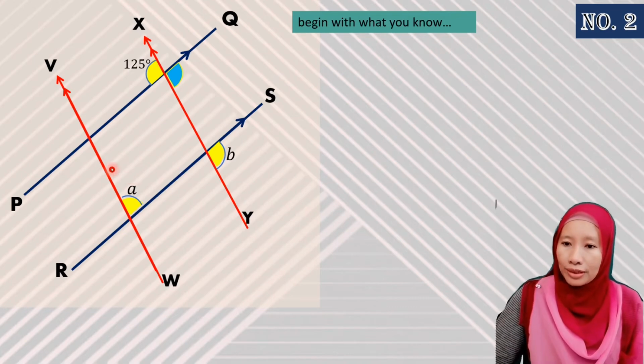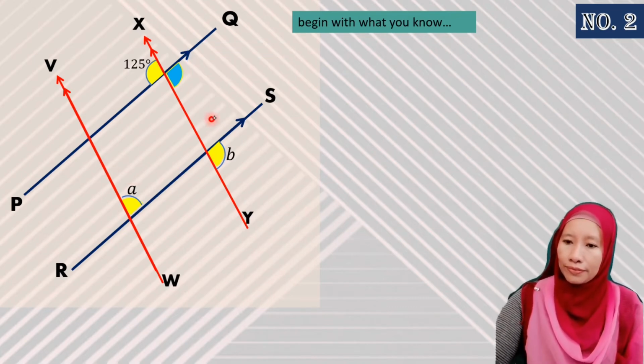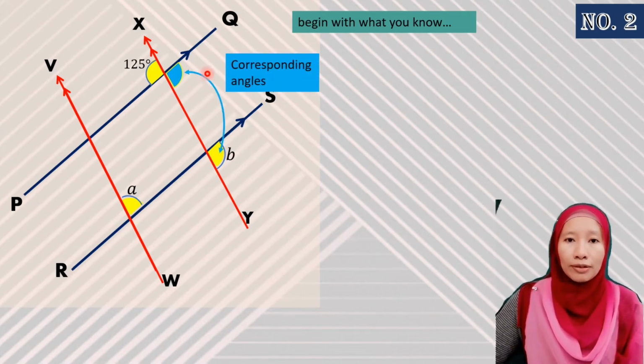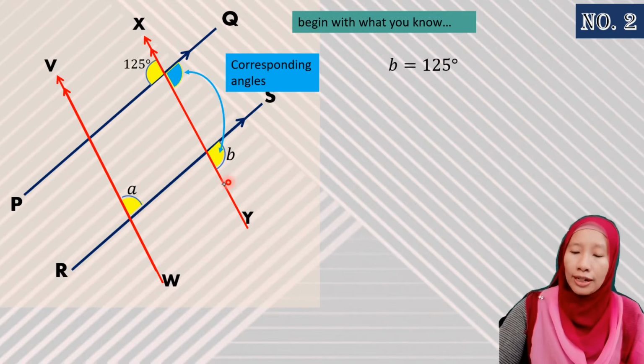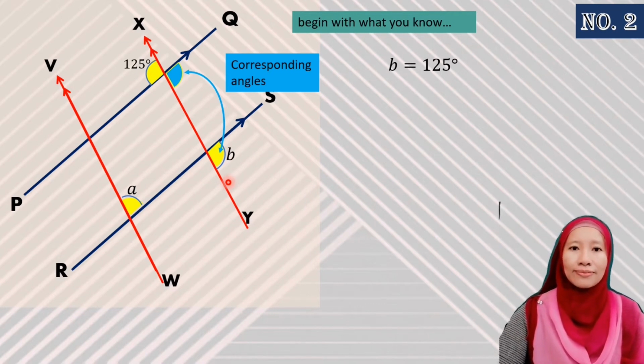Therefore, these two values, okay, they are corresponding angles. So over here and here, they are corresponding angles. Therefore, B is also equal to 125 degrees.